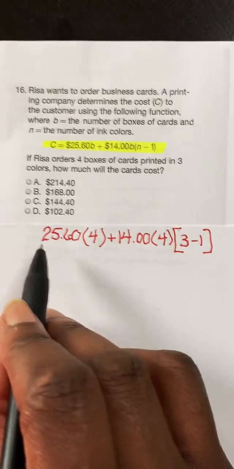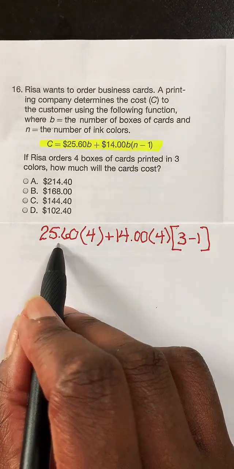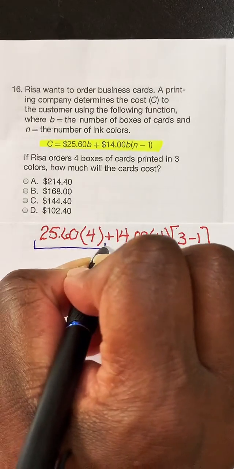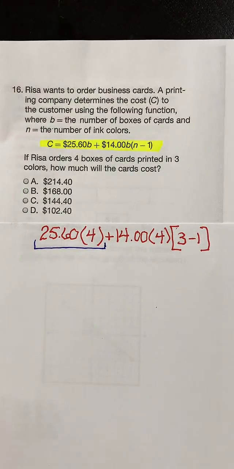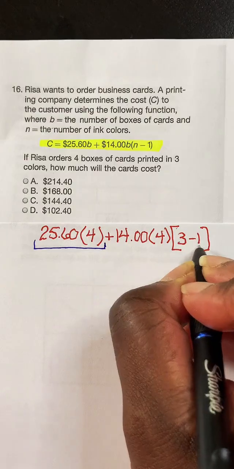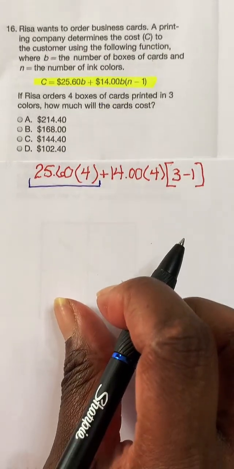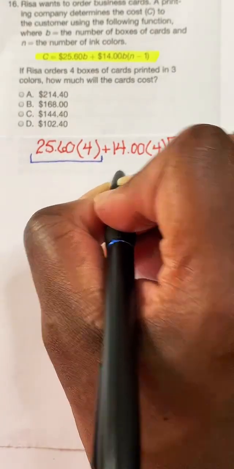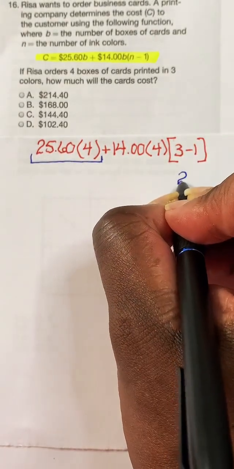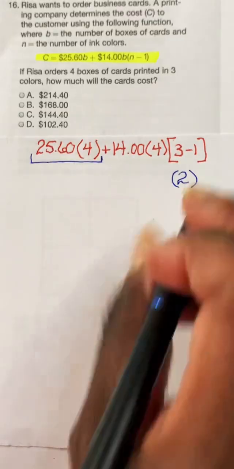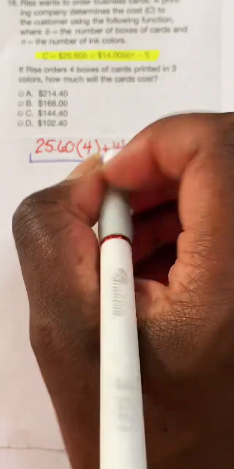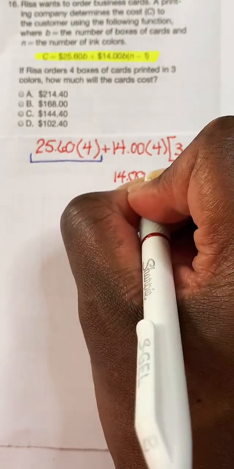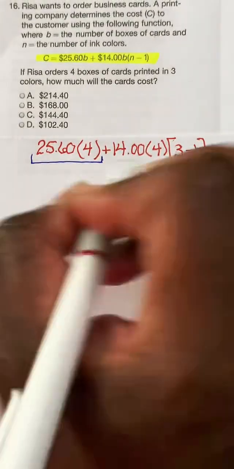So right now we're going to have $25.60 times 4, because remember, PEMDAS. Please excuse my dear Aunt Sally. We got this with the 3 minus 1. So I'm going to raise this up a little bit so everybody can see it. So when we have the 3 minus 1, that's going to give us our 2. So now we have our $14 times our 4.